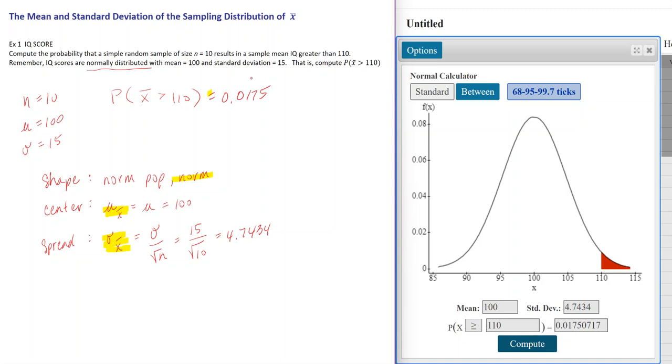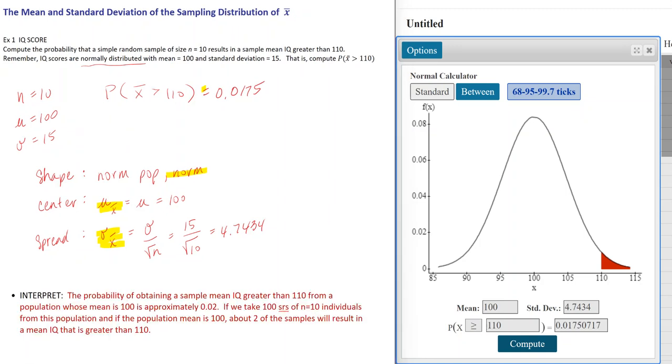Now, how do I interpret that? So here you have the interpretation from the probability we just calculated from the normal calculator. The probability of obtaining a sample mean IQ greater than 110 from a population whose mean is 100 is approximately 0.02 if we were to round that.